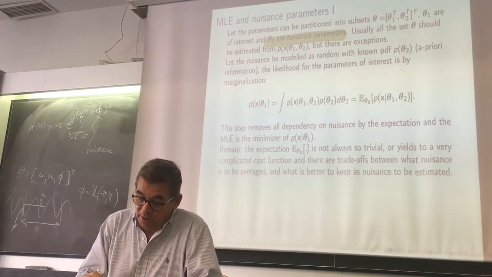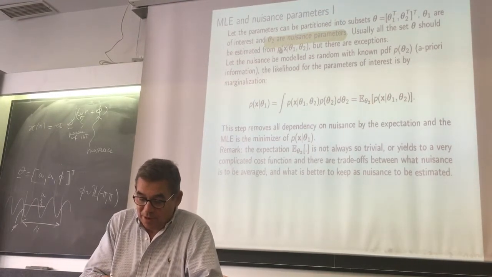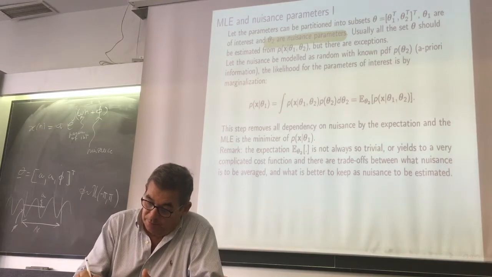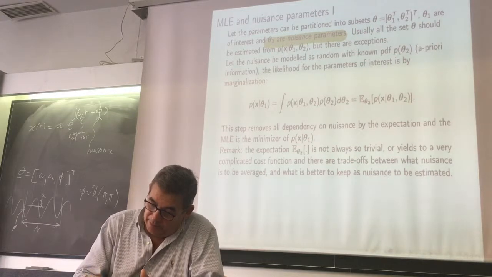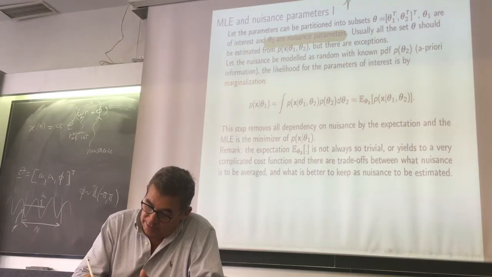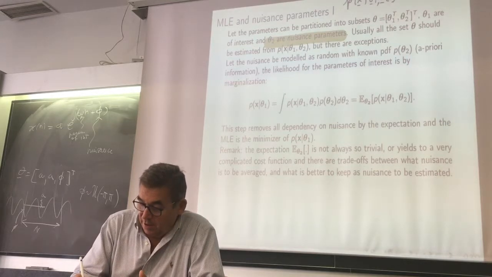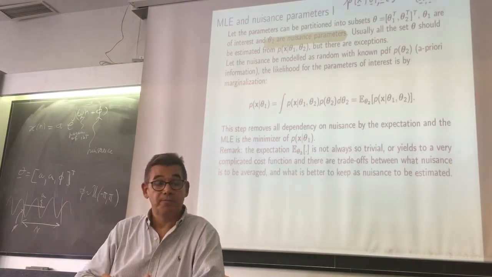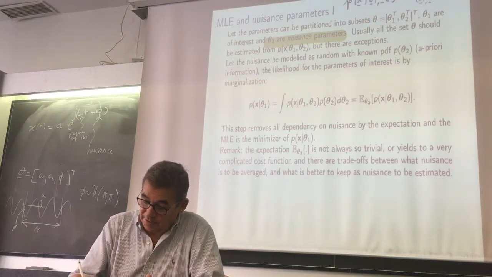Now, what I'm saying is, since I can write the likelihood function, once I have p(x) depending on this set of parameters, I can maximize with respect to theta 1 and theta 2, which means treating the nuisance as a parameter, as before. Okay, and the other is the following.